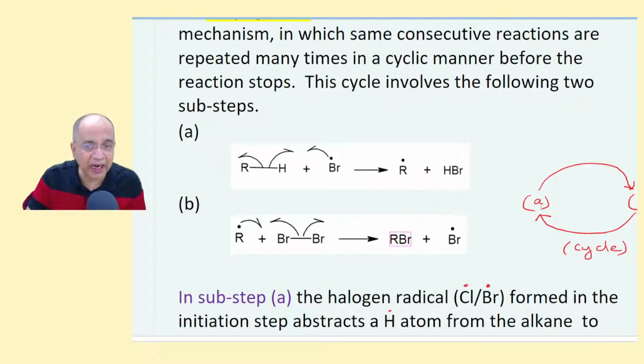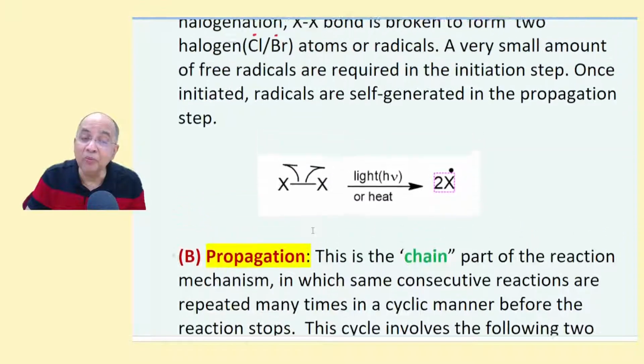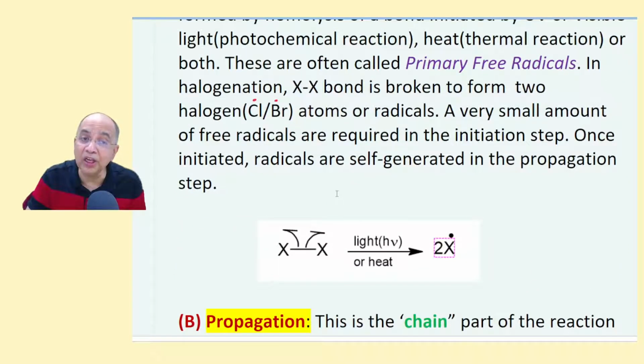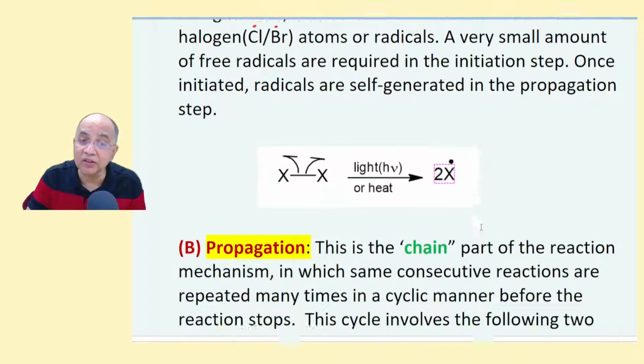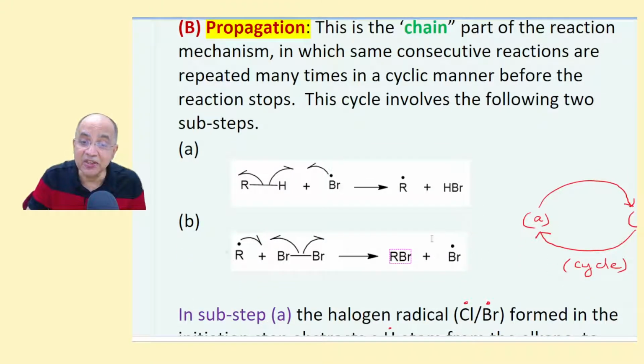Step A: one of the C-H bonds of the alkane breaks and the H dot and Br dot combine to form HBr, producing an alkyl free radical. And this alkyl free radical combines with a bromine molecule, bromine or chlorine molecule, no more X dot. You will see X dot will be generated in the propagation step itself.